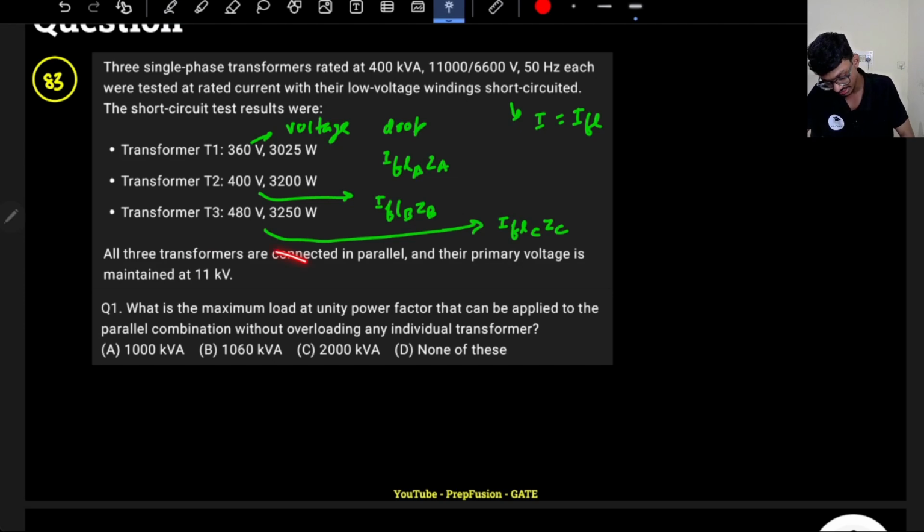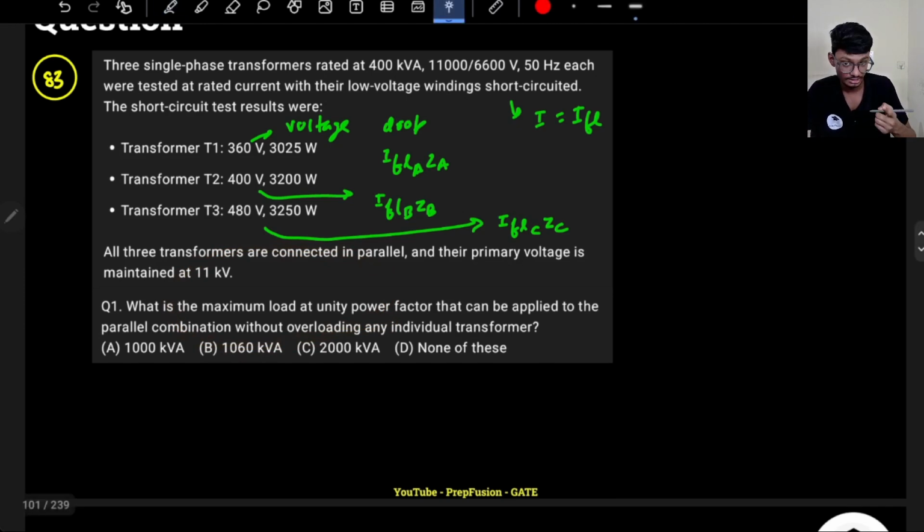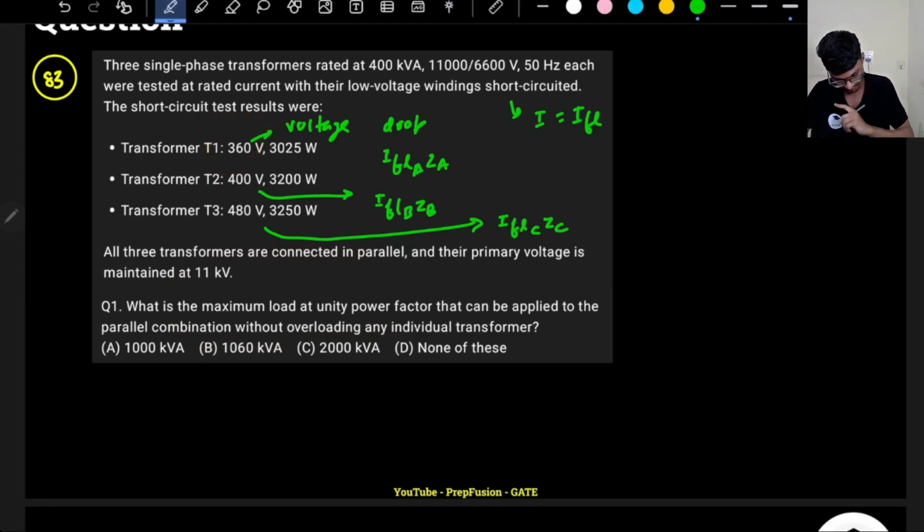So they are asking me the maximum load that I can deliver at unity power factor. Unity power factor means kVA is the same as kilowatt. So I can directly find out which one will be in rated condition first. This transformer. So T1 will be in rated condition first. Because they have written T1, T2, T3, we'll write here 1, 2, 3.